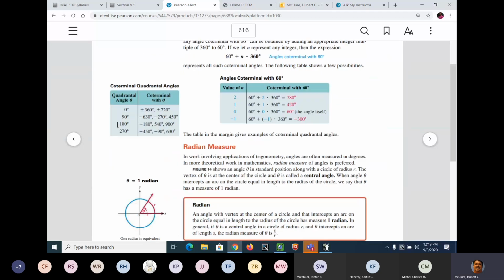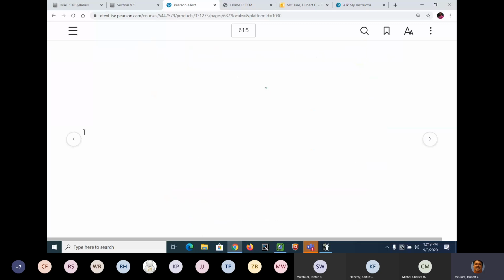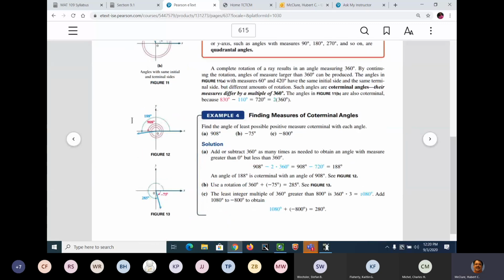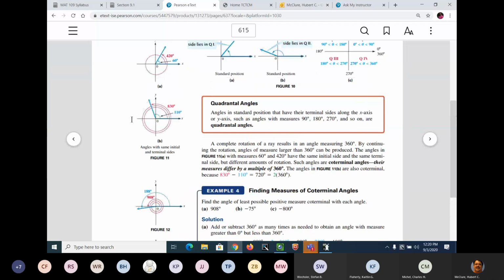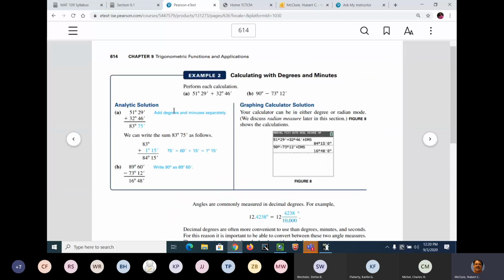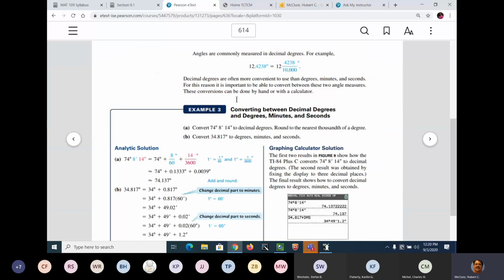Okay, where is it? Convert. Because this is where people can get confused. Well, I must have passed it. There we go. Here we go.